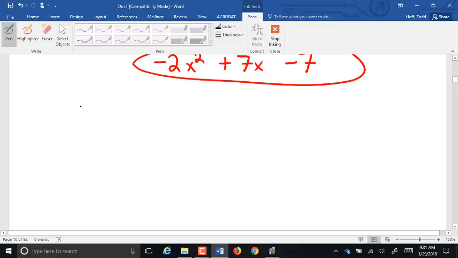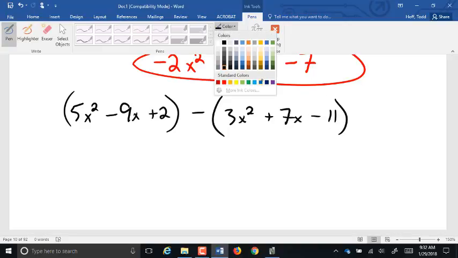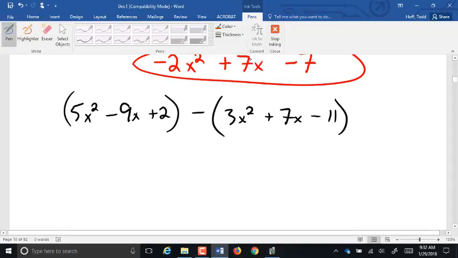So what if we have 5x squared minus 9x plus 2 minus 3x squared plus 7x minus 11. So again, we're going to go ahead and line things up.